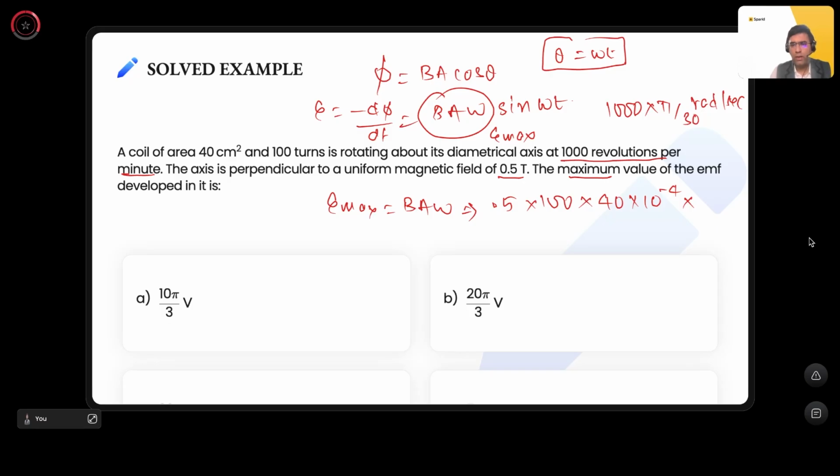So we just put the value, 1000 into pi upon 30. Let's solve it. The zeros will all get cancelled. This will be 20 by 3 pi volt. So this will be my answer. You have to remember that whenever something is rotating, E max will be equal to BA omega.